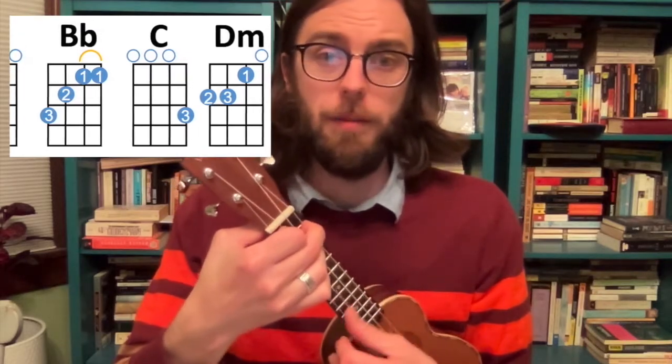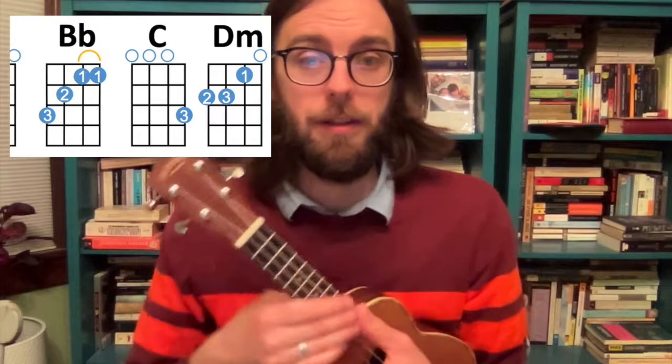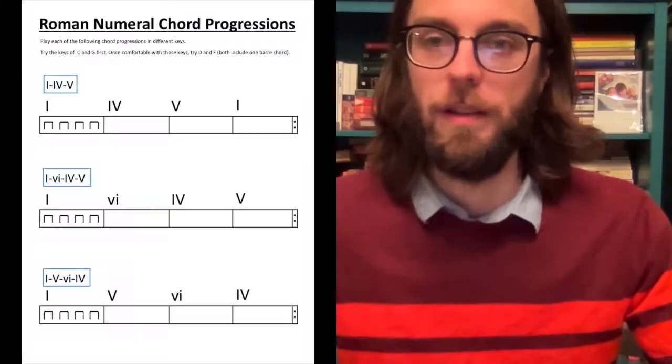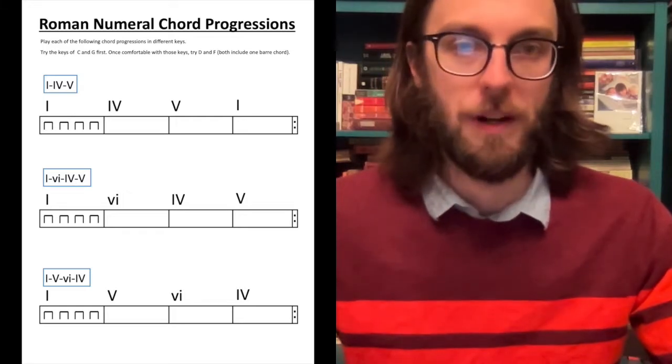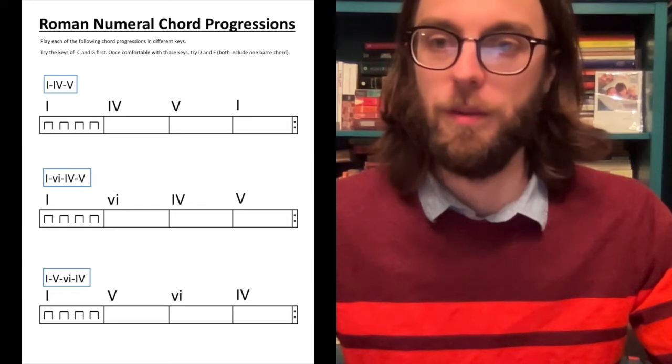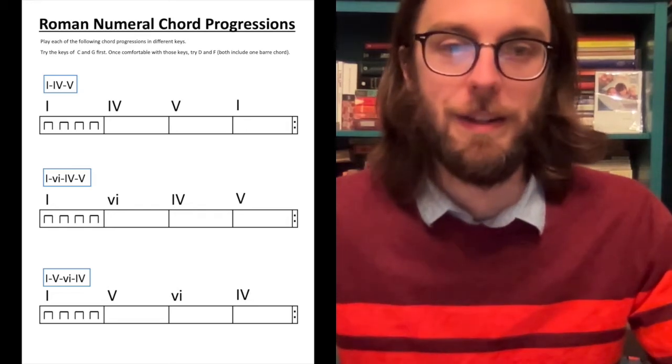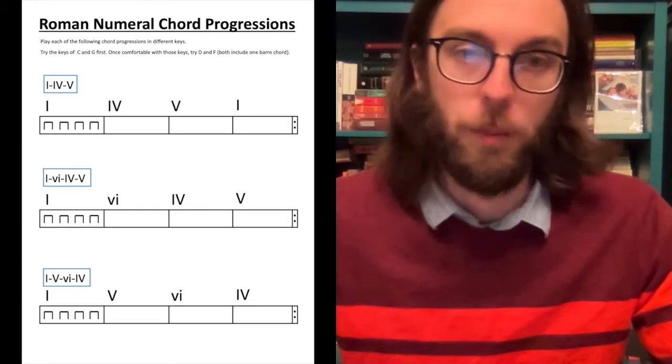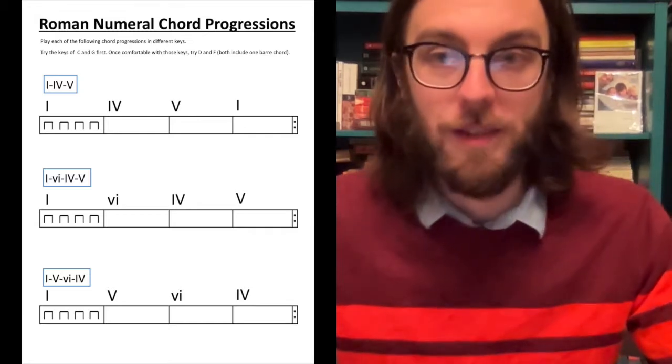So these are the most commonly used chords on the ukulele. These are some of the easiest keys to play in. Okay, now on the screen, the 3rd page of the handout is the Roman numeral chord progressions. So these are the most common, most popular chord progressions in Western popular music.